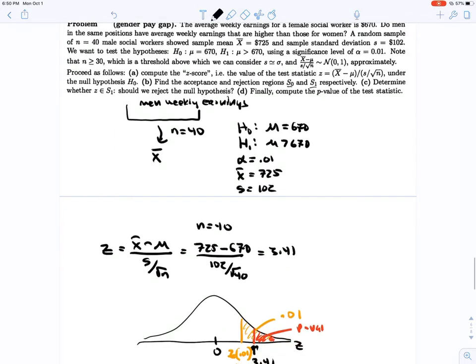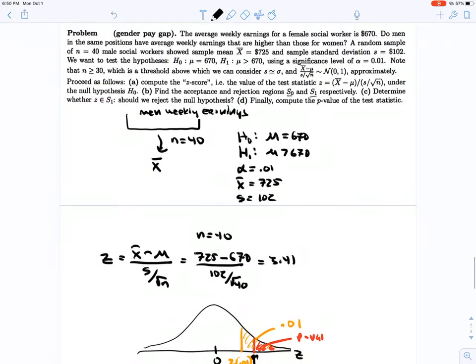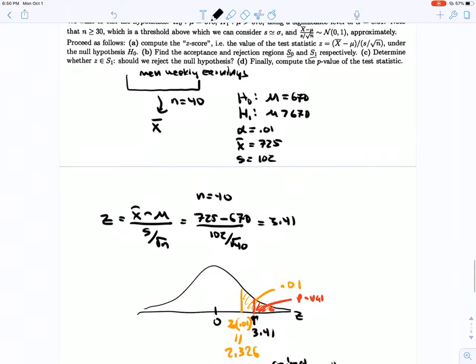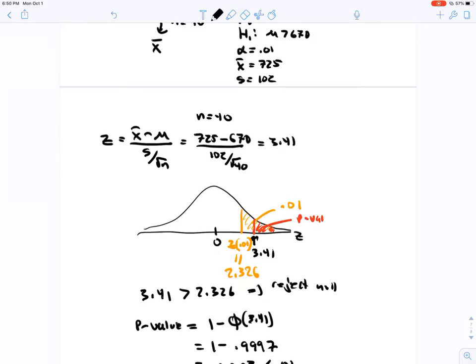So we can calculate our test statistic. We're told that we can just approximate the t test as a z test here. So here we go. So we find the test statistic 3.41, which sounds kind of large, and indeed it is.